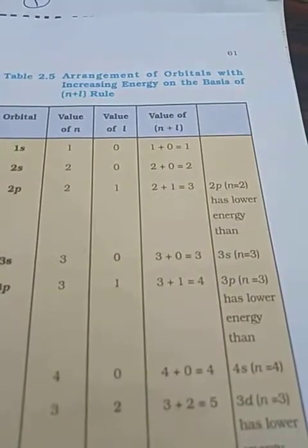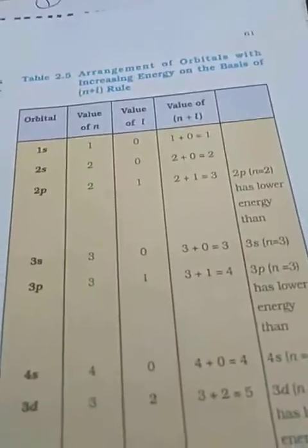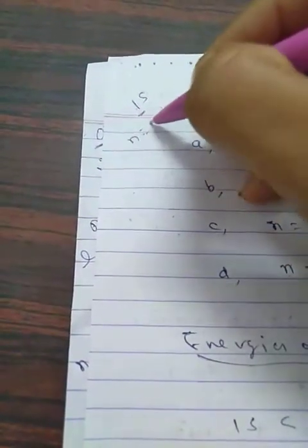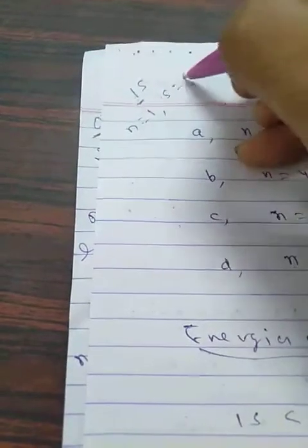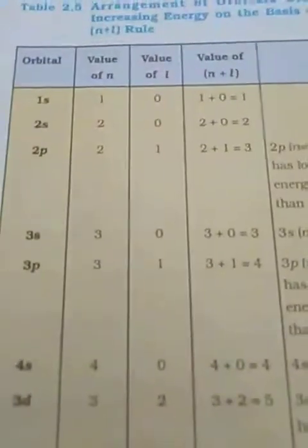Earlier I taught you, if I am saying 1s, 1 means the principal quantum number n is 1, and s means l value is 0. Next, if I am saying 2s, then n is equal to 2, s means 0. So from here you can refer to this table also before starting our next topic.